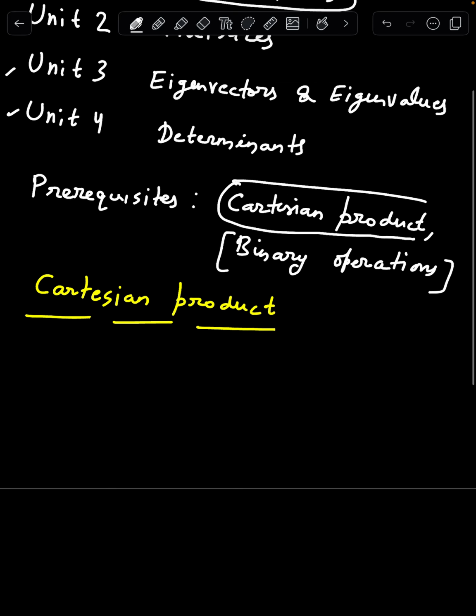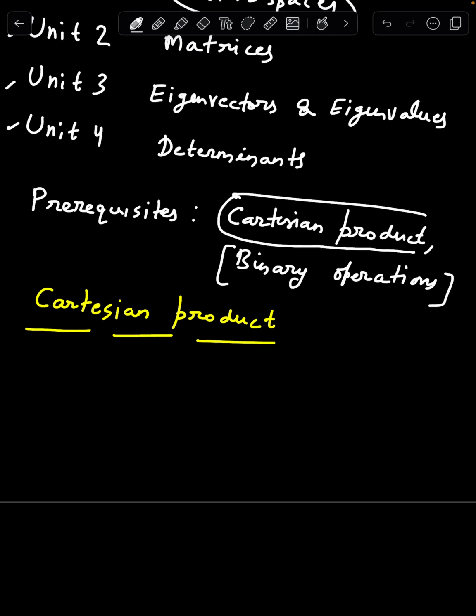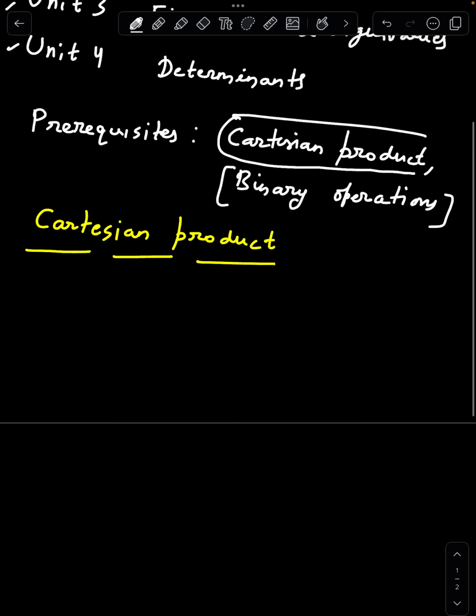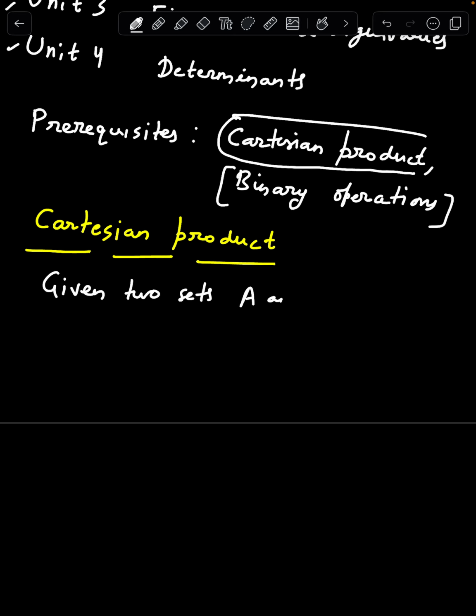The reason why I'm starting with Cartesian product and binary operations is that these will be very helpful in understanding the vector spaces. So to define this Cartesian product, suppose that there are two sets, given two sets A and B, both non-empty.